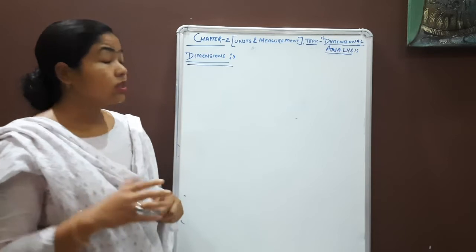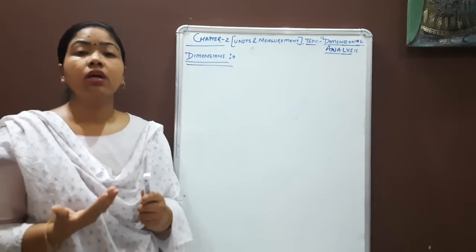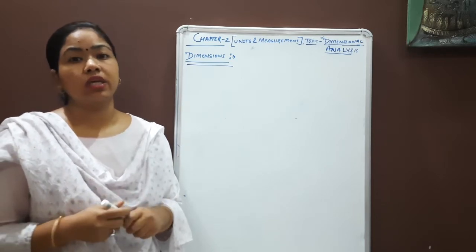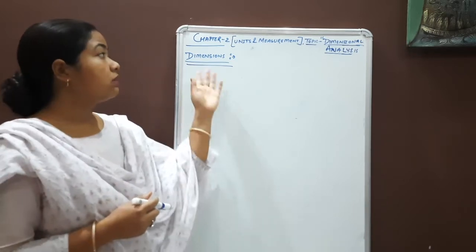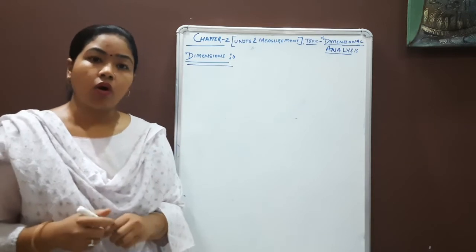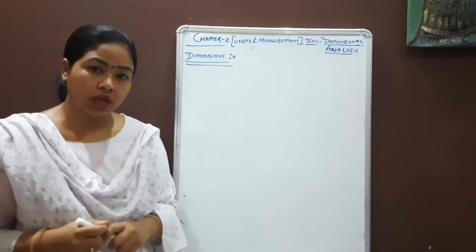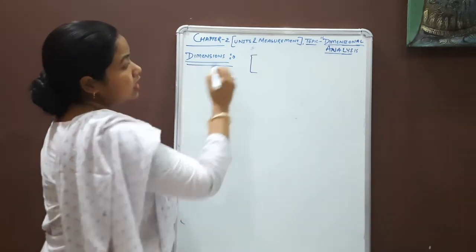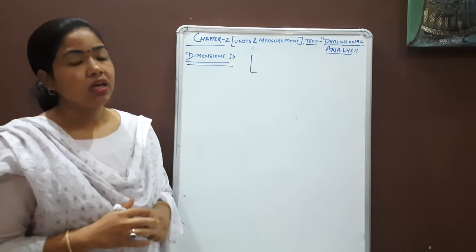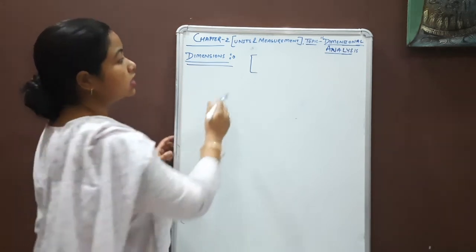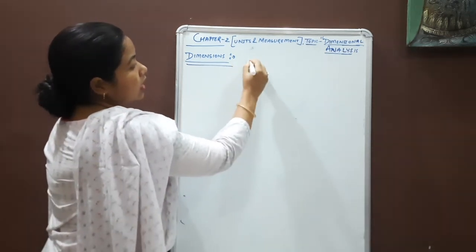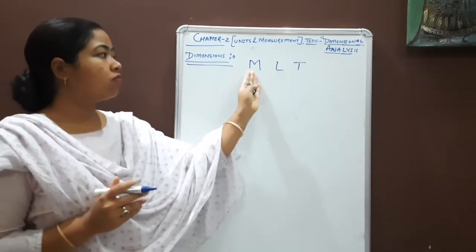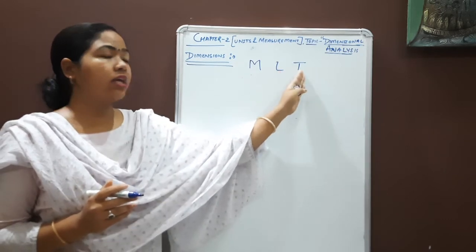How those 7 fundamental units relate with any physical quantity, that relationship is given by the dimensions of that physical quantity. Whenever we write a physical quantity in terms of dimensional analysis, it can be written in terms of M, L, T. M for mass, L for length and T for time.